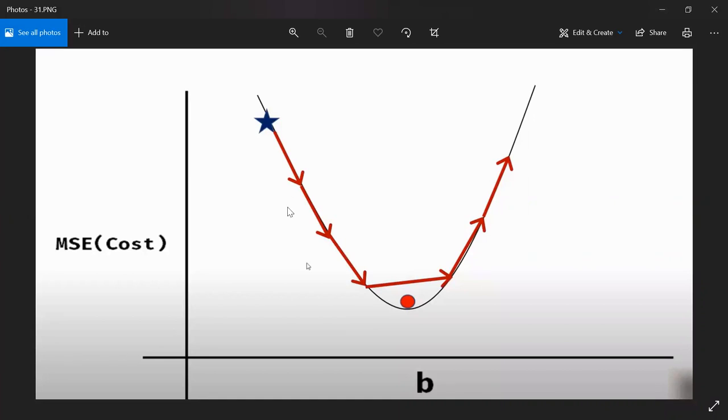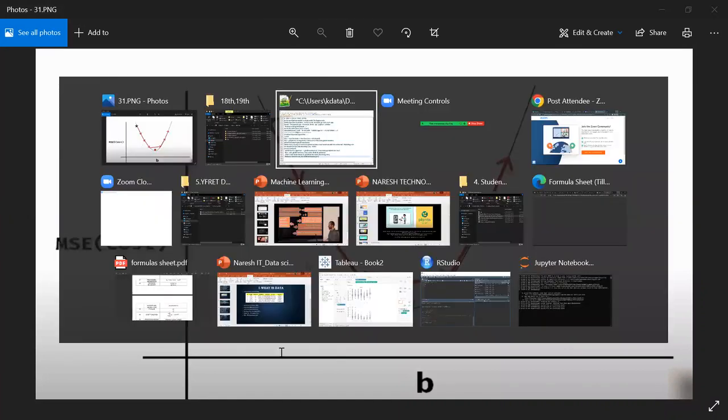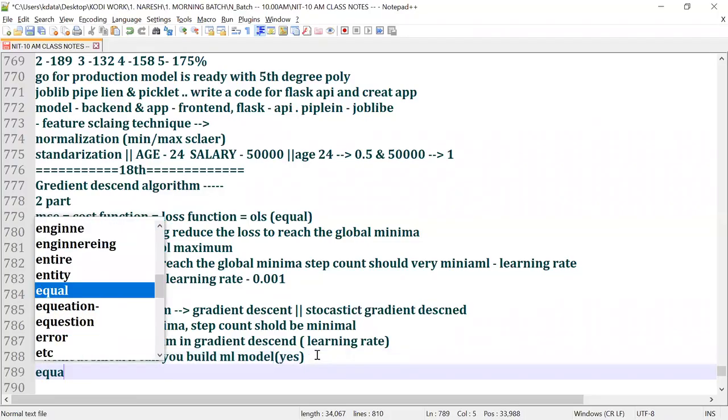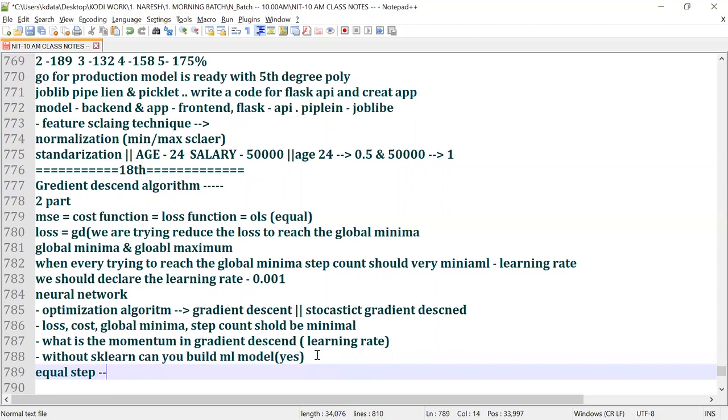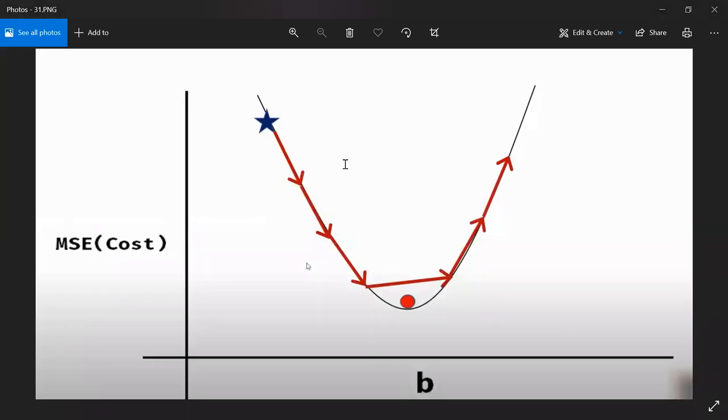Another question: what happens if I have equal steps? Equal steps, isn't it? Am I trying to reach the global minima? It will, but the time consumption is very high, because multiple iterations are required.